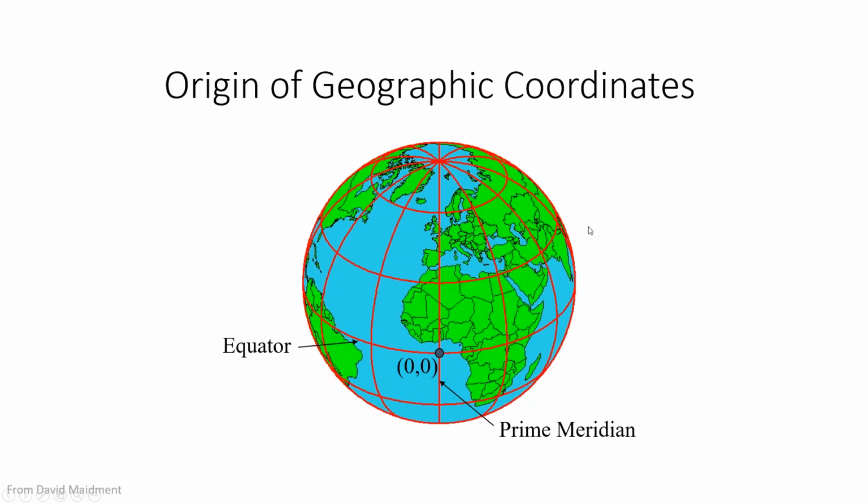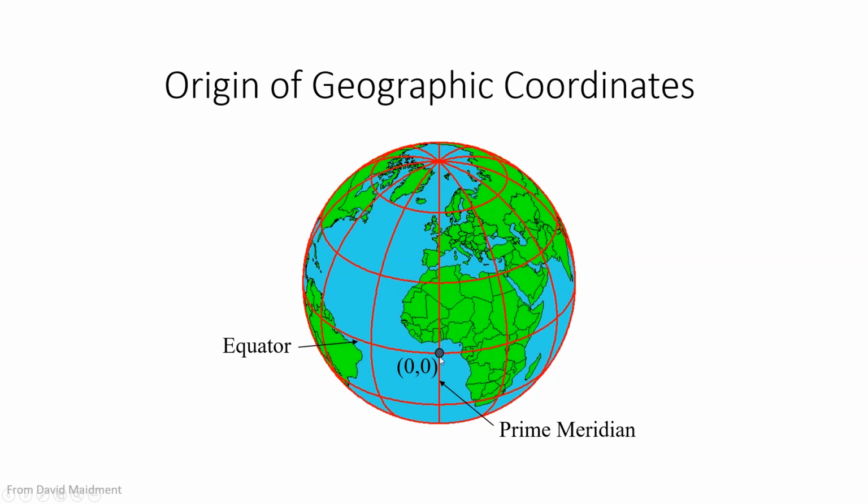Later we'll talk about it being a spheroid. And through the accidents of history and geography, we use the prime meridian going through Greenwich, England, as the origin of longitude coordinates, and we use the equator as the origin of latitude coordinates.